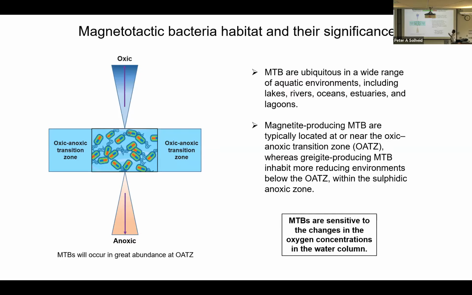This oxic-anoxic transition falls in a suboxic range, and usually magnetite-producing MTBs occur at this zone, but greigite-producing MTBs occur below that zone in sulfidic environments. The main point from this is that MTBs are sensitive to oxygen concentrations in the water column.